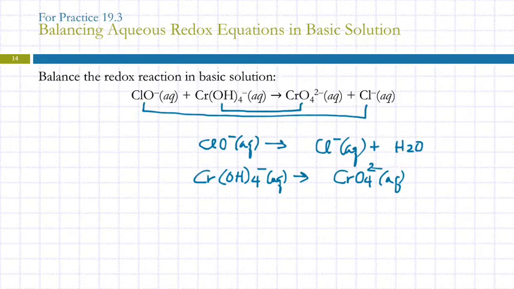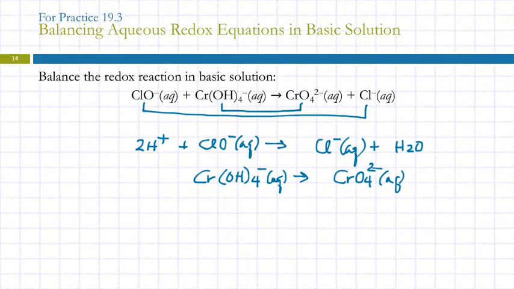So I've got 2 hydrogens here, so I have to add 2 H+ to that side. Because this is in basic solution, the next thing I'm going to do is look at these H+. I have 2 hydrogen ions here.